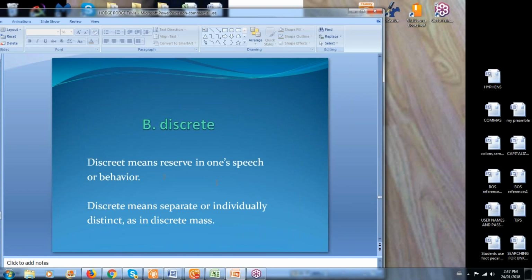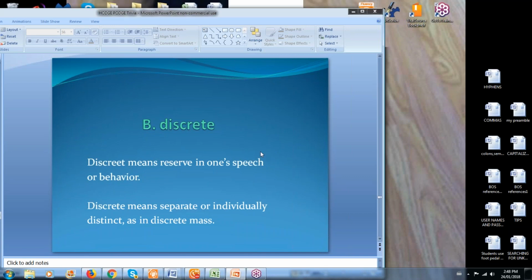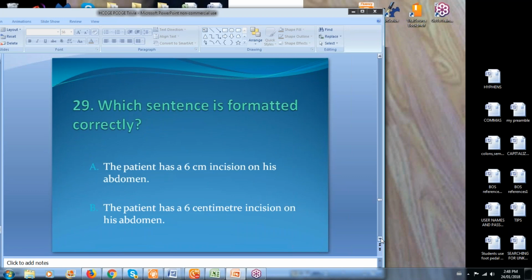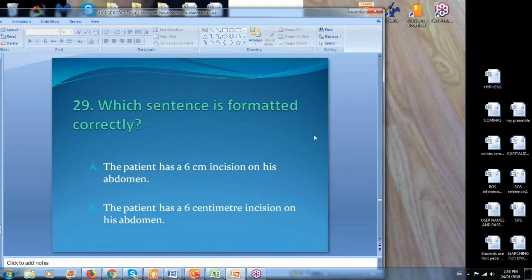Discreet, D-I-S-C-R-E-E-T, means reserved in one's speech or behavior, whereas discrete, D-I-S-C-R-E-T-E, means separate or individually distinct, as in discrete mass. A lot of times you'll hear them dictate that in the physical exam section. And like I said, this stuff is all in your Book of Style in Appendix C for sound-alikes.